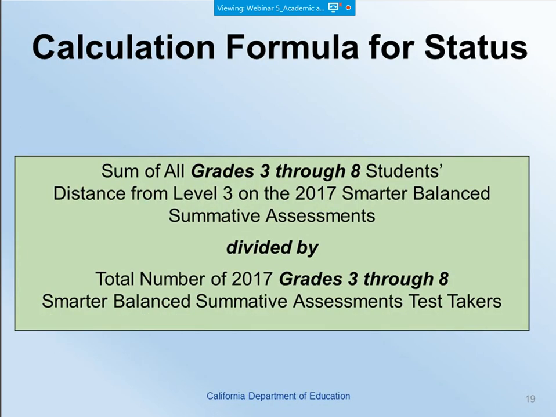So here we have the calculation formula for status. As we mentioned, we obtain a separate average for each content area. This is done by adding all grade 3 through 8 student DF3s for that content area and dividing it by the total number of students in grades 3 through 8 who took that Smarter Balanced Summative Assessment, in this case the Spring 2017 administration.